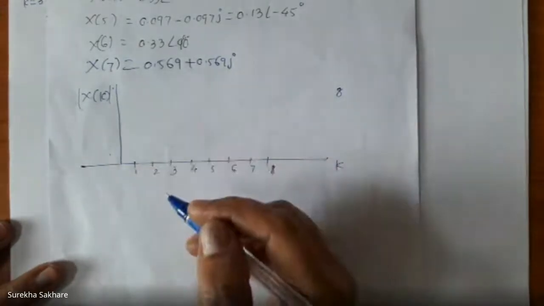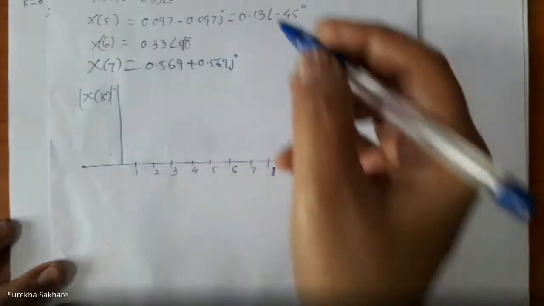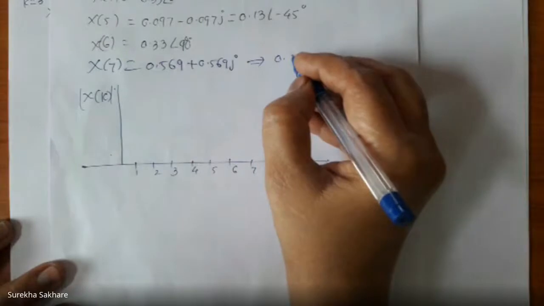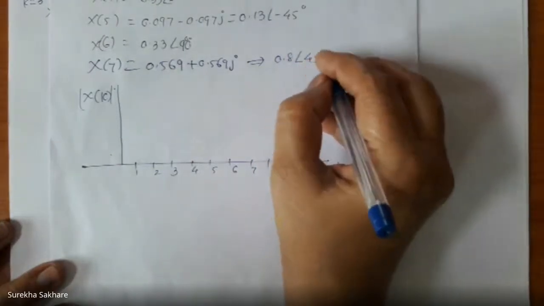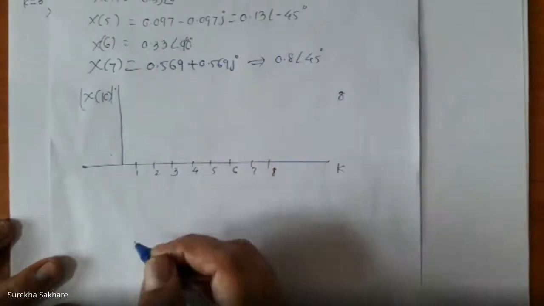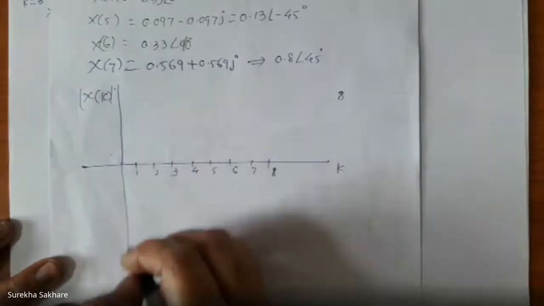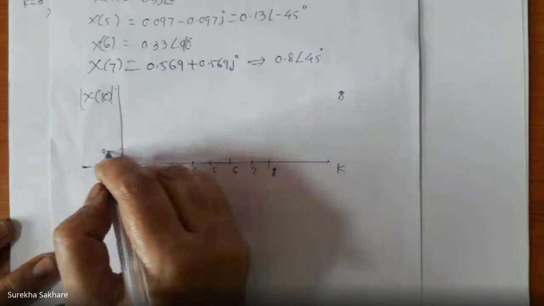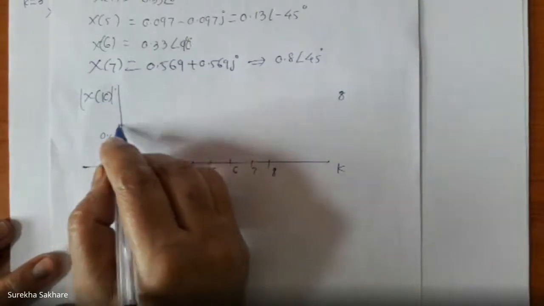You'll have to find the magnitudes here. Let us see now at this point 0.2, 0.4, 0.6, 0.8 and 1.